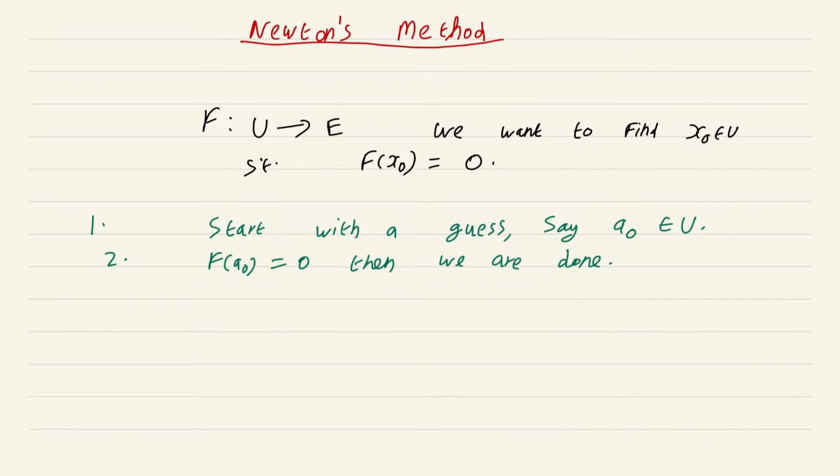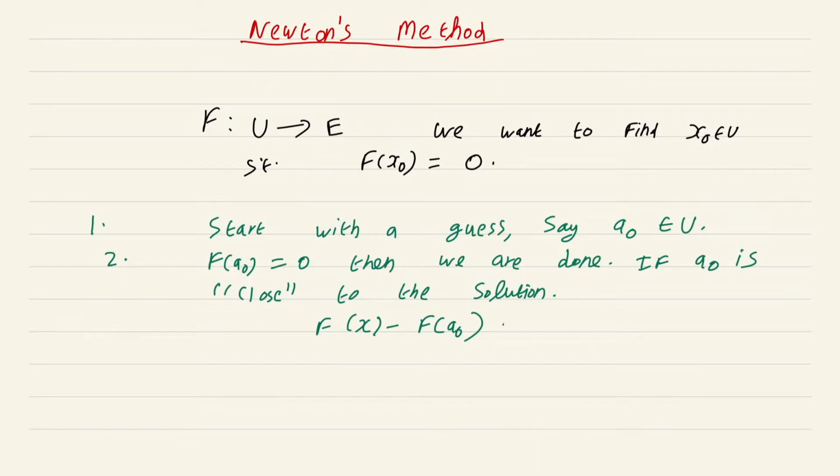Now we know that if a naught is close to the solution, that is, if we have chosen a naught in such a way that it's not too far away from the actual solution, we know that f of x minus f of a naught is approximately equal to df at a naught times x minus a naught, where this x is supposed to be that hypothetical solution.